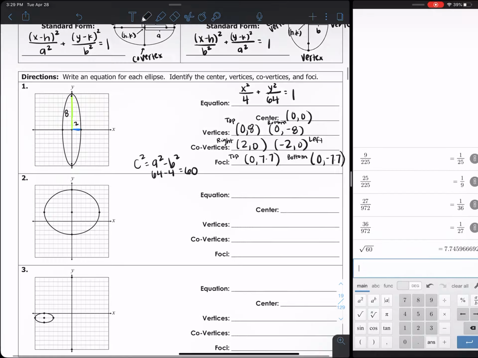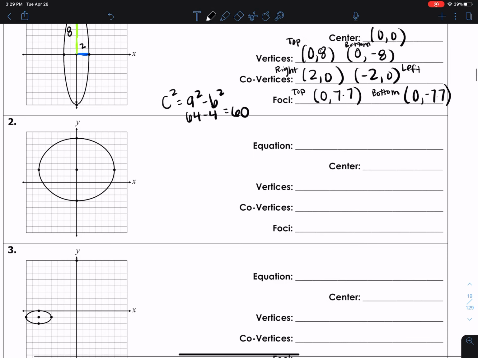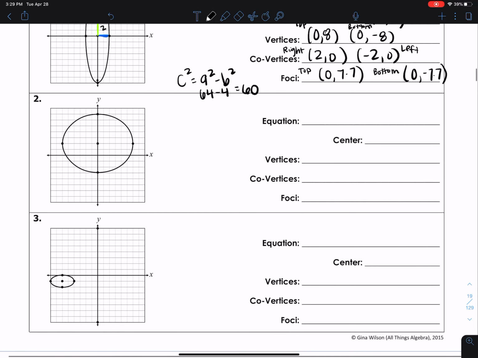Okay, now we have the next one. The center is at (0, 2). So we know that the x part is just x squared, but for y we would do y minus 2 squared equals 1. The vertices, we have to see which way is longer.